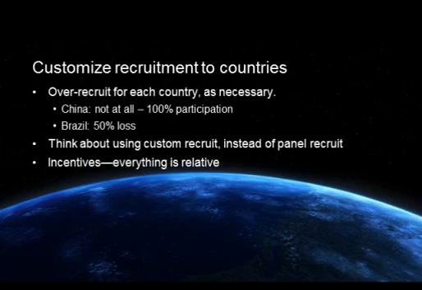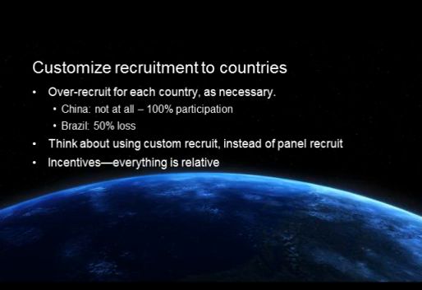Nonetheless, custom recruitment is really the key here. After all, even though it's an online study, it is still a qualitative study, and the personal touch and personal contact is very important. We want to make sure that we have built that relationship with the respondents from the very start.